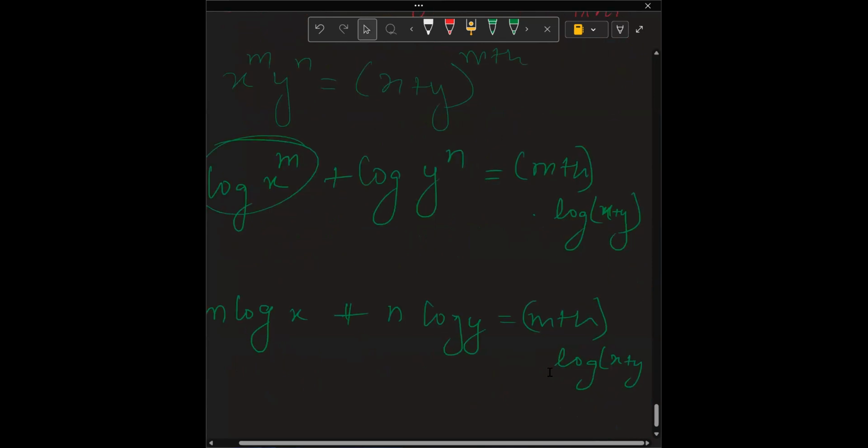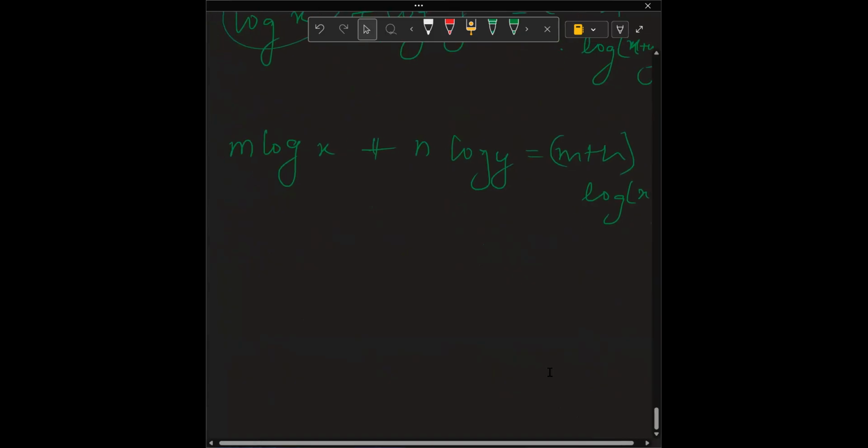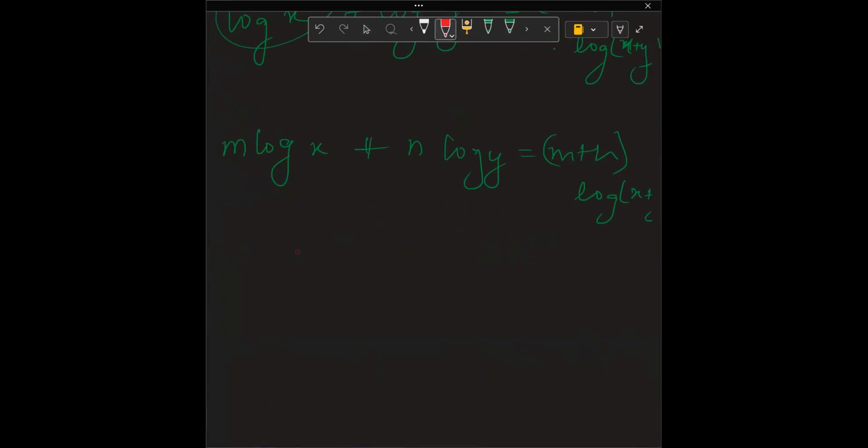All right. So when you differentiate both sides with respect to x, what will you get? You will get m, and log x का differentiation क्या होता है? What is the derivative of log x? Sir, the derivative of log x is 1 by x. So this is going to be m upon x. And similarly n log of y.